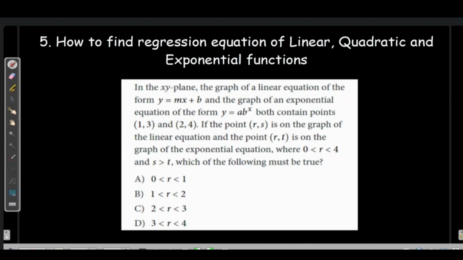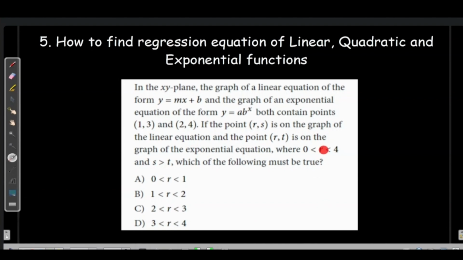If the point r, comma s is on the graph of the linear equation and the point r, comma t, notice that the x coordinate is the same, r and r, is on the graph of the exponential function where r is between, excuse me, the x coordinate is between 0 and 4, and s should be greater than t. It's okay to be lost because this is a difficult question.